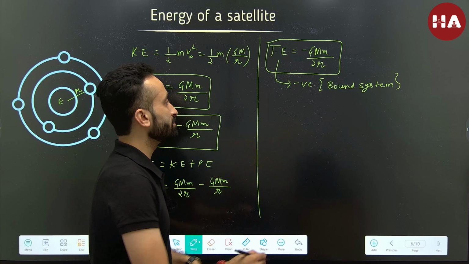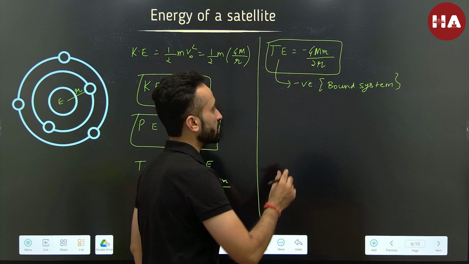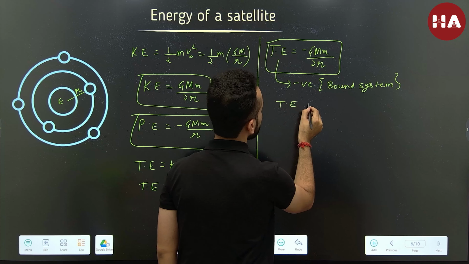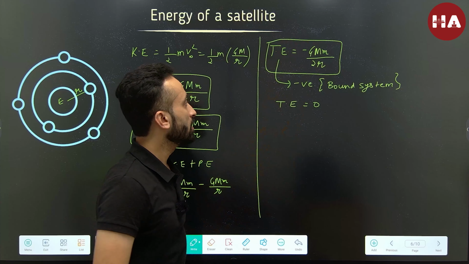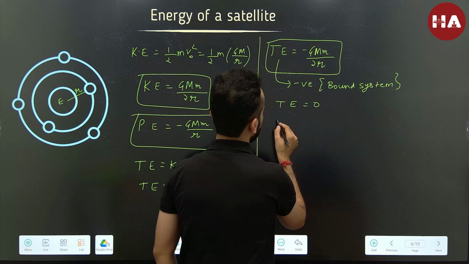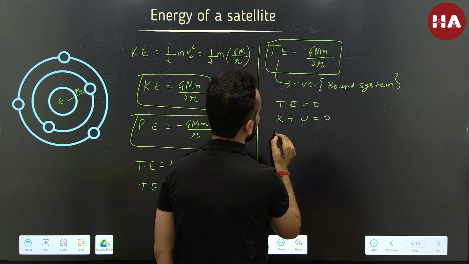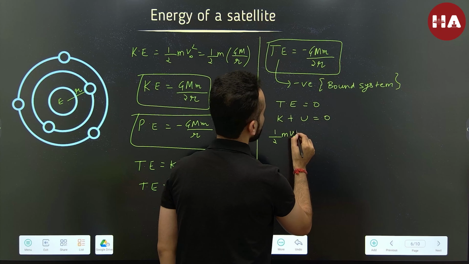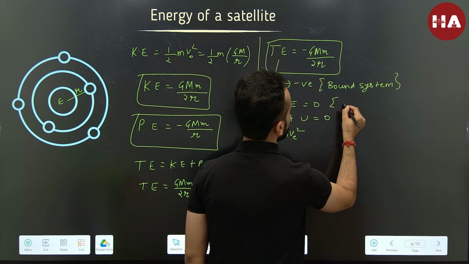If you remember, for escaping, I'm just giving you a very brief note on this, but for escaping, we want something to escape, that means its total energy has to become 0. So if that is the case, then we would write kinetic plus potential becoming 0, and kinetic is half mv square. So we will write it as v_e for escaping.